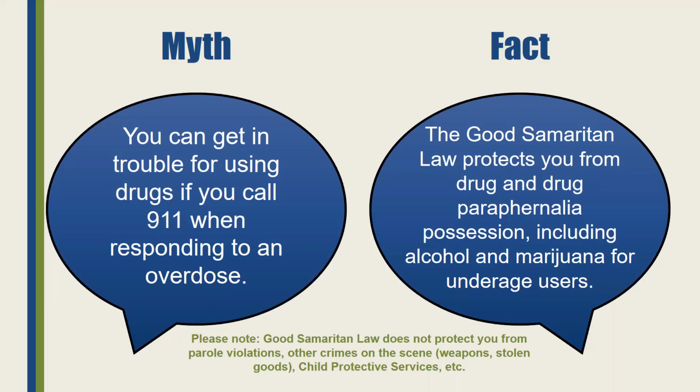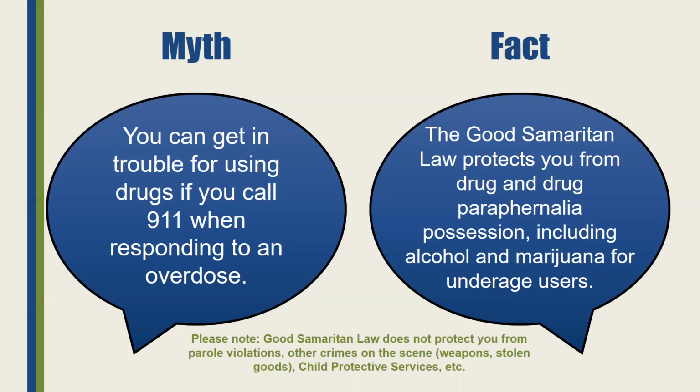So I wanted to give you all this information, especially for when you are training your patients on using naloxone. It's really important that you emphasize that it's best practice to call 911 when someone has overdosed to get that person further medical care.